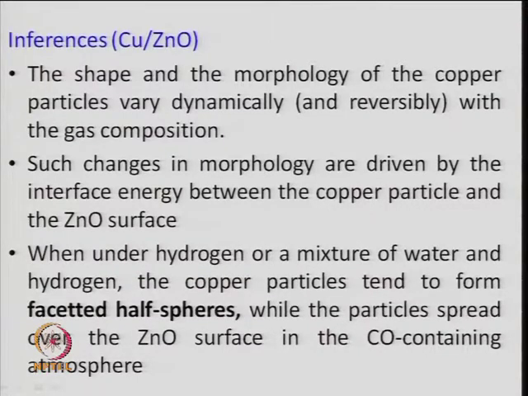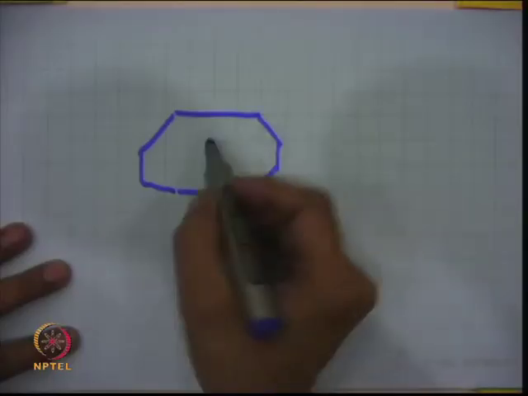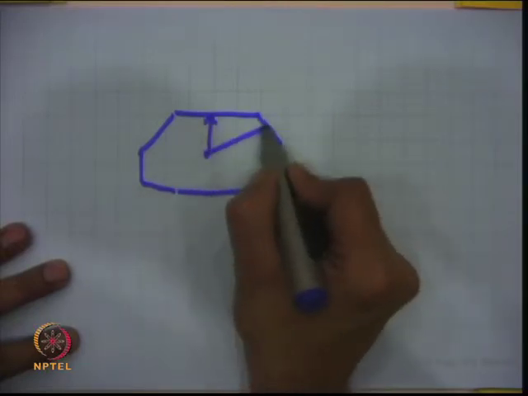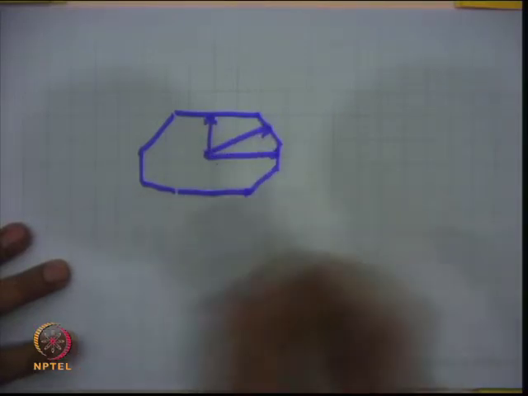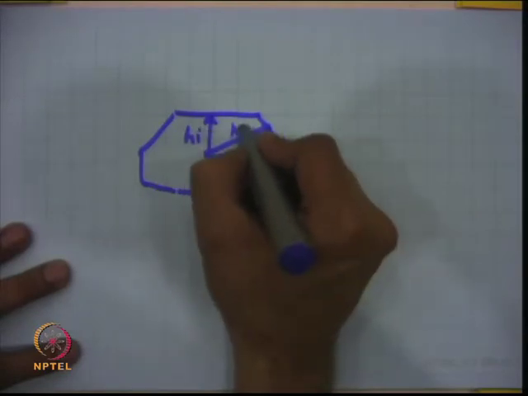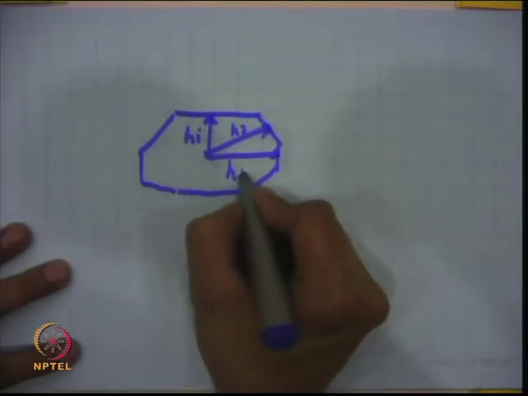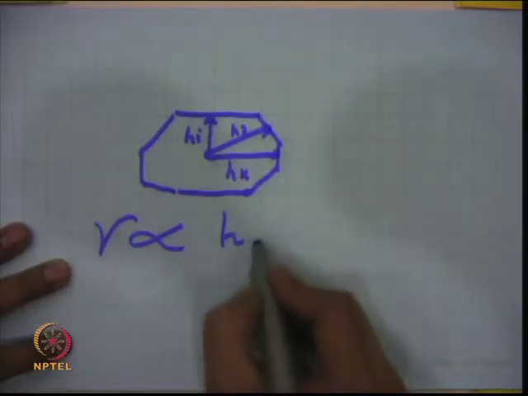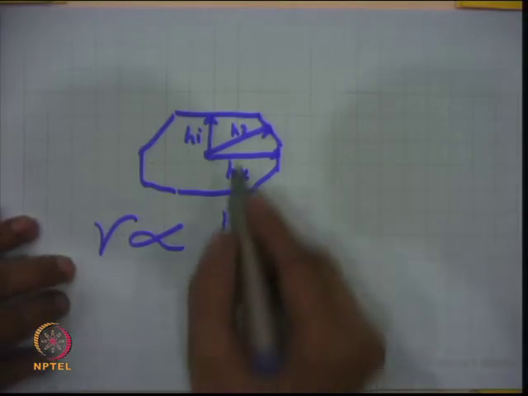Surface energy, if the structure is forming something like this, if you have a structure like this, we are measuring distance from this, distance this, distance this. If I say this is h i, this is h j, this is h k, then the surface energy gamma is proportional to the distance, h i or h j or h k.